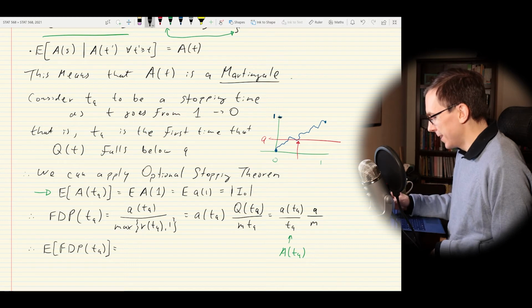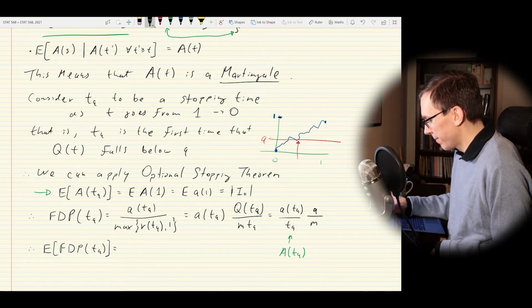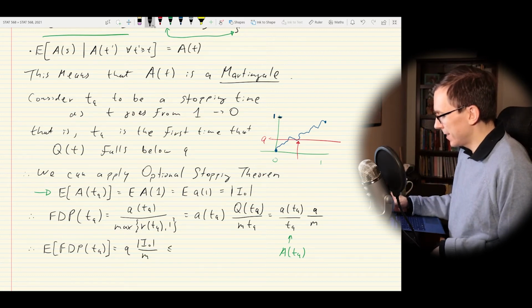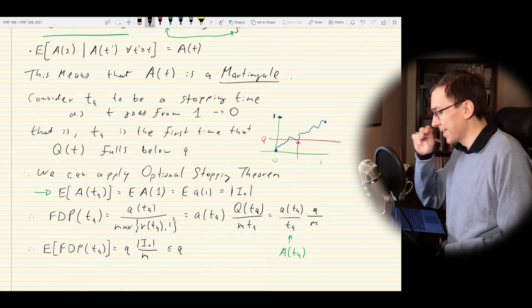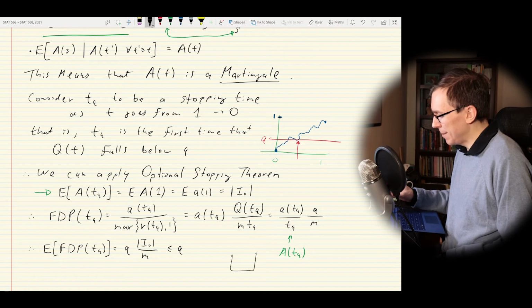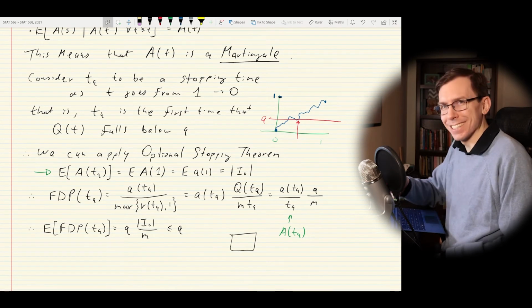So when we do all this, we end up with just simply q I naught divided by M. And we're done because this is less than or equal to q as desired. And let's put the nice little QED box because that always makes me happy. It's good stuff.